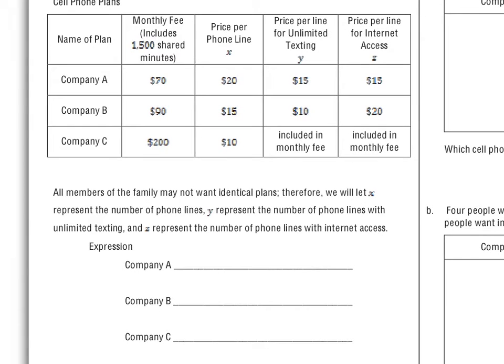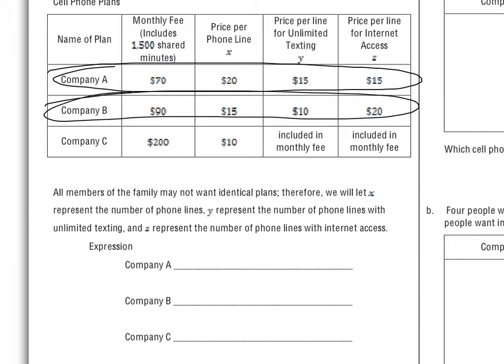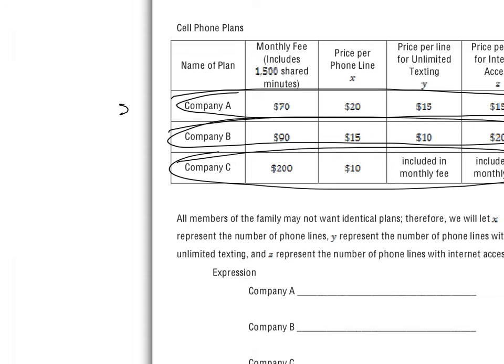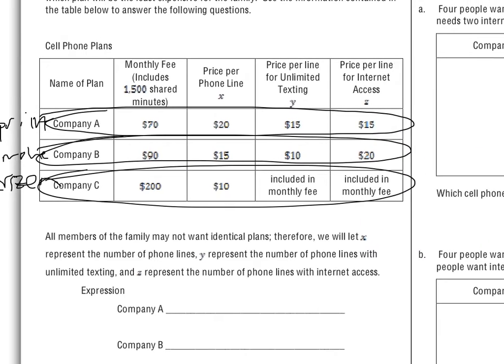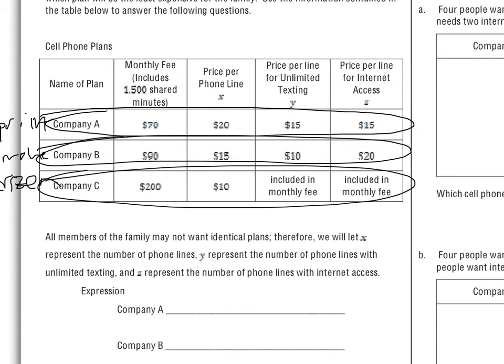So we have this information, we're looking all across for company A, company B, and company C. If it really helps you, you can call them Sprint, T-Mobile, and Verizon. Go ahead and think about it that way. Three companies. And looking at the chart here, we have a monthly fee.